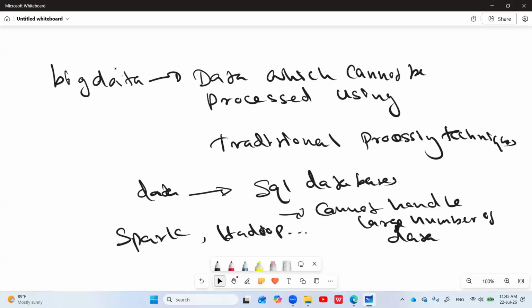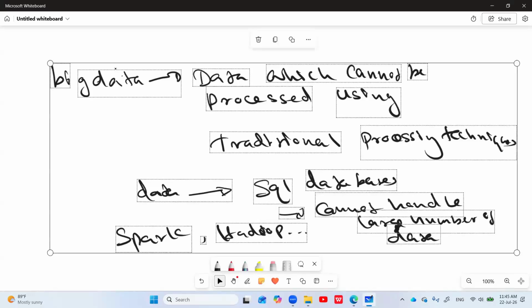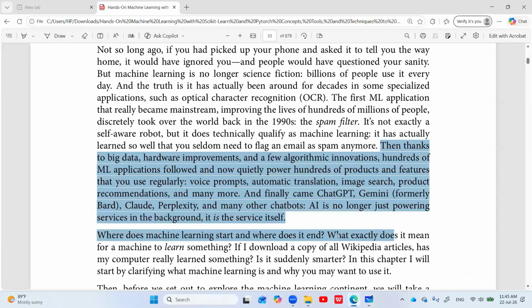That is basically big data. We will come to this later in the book. Then hardware improvements: nowadays we use GPUs. And a few algorithmic innovations: the algorithms have changed a lot these days.